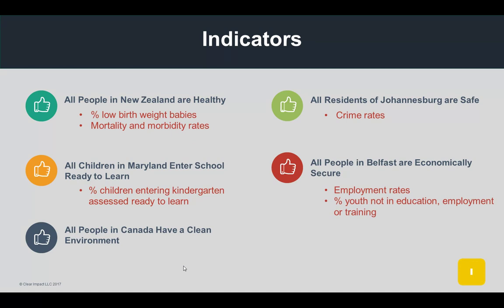All people in Belfast are economically secure, and we quantify the percent of youth not in education or employment training, which may be indicative that they are not economically secure. All people in Canada have a clean environment as defined by air quality rates. These are all good examples of population indicators.